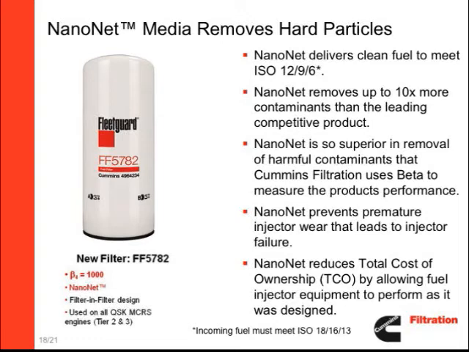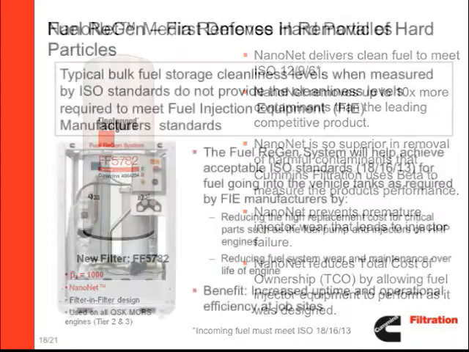This filter has a Beta 4 rating of 1000 and features a filter-in-filter design. The NanoNet media prevents premature injector wear that can lead to injector failure, and when injector equipment performs as it was designed to do, total cost of ownership, TCO, is reduced.